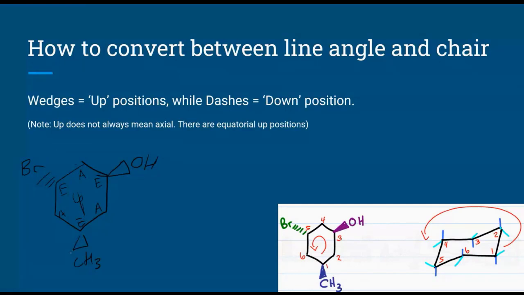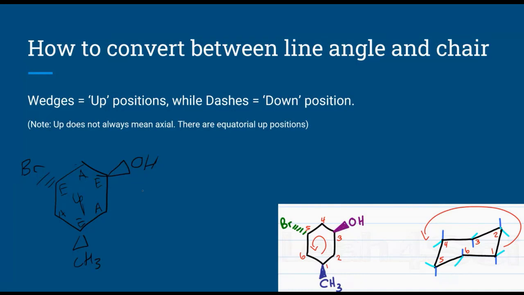So if the wedge matches, then that's an up. However, if it's a dash, it's going to be the opposite. You may have learned a different way of doing this, but this is the method I like to use. So we're going to move around. We have axial, equatorial.